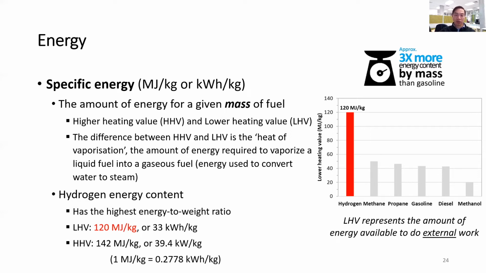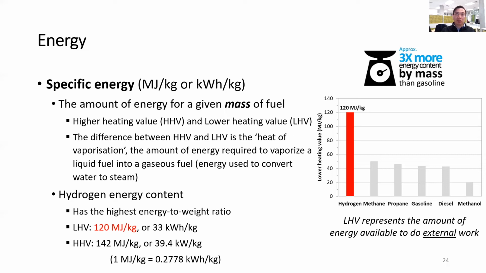In this case, for example, 3 times higher than gasoline. When it comes to kilowatt hour, 120 megajoule per kilogram is equivalent to 33 kilowatt hour per kilogram.